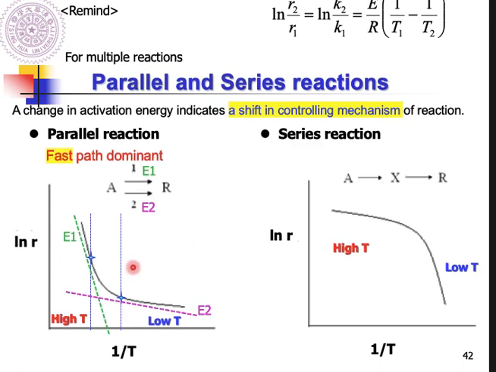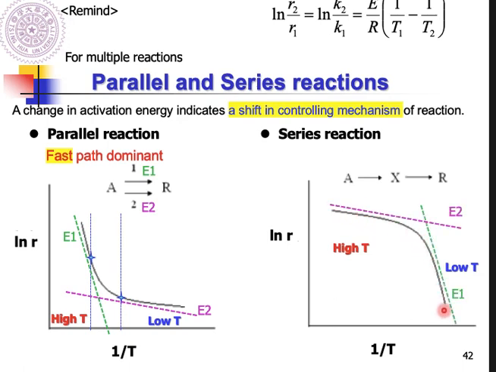So we finished the parallel reactions, but we still have the series reaction. When you measure the consumption rate of reactants or products at different temperatures, and you plot log R or log K versus 1/T, the curve turns like this.